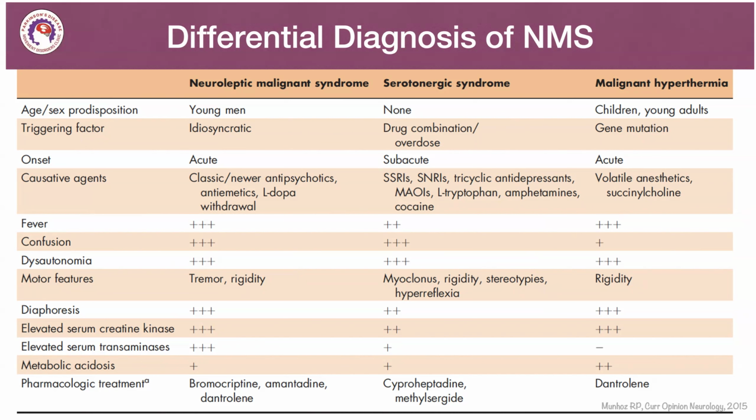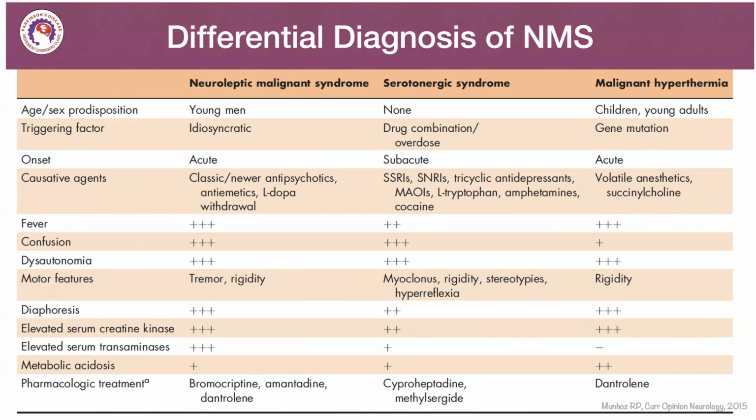Just to remember, for neuroleptic malignant syndrome, the causative agent is classically the newer antipsychotics or antiemetics, or levodopa withdrawal, whereas for serotonergic syndrome it is SSRIs, SNRIs, tricyclic antidepressants, MAO inhibitors, L-tryptophan, amphetamines, and cocaine. Whereas for malignant hyperthermia it is usually volatile anesthetics and succinylcholine.